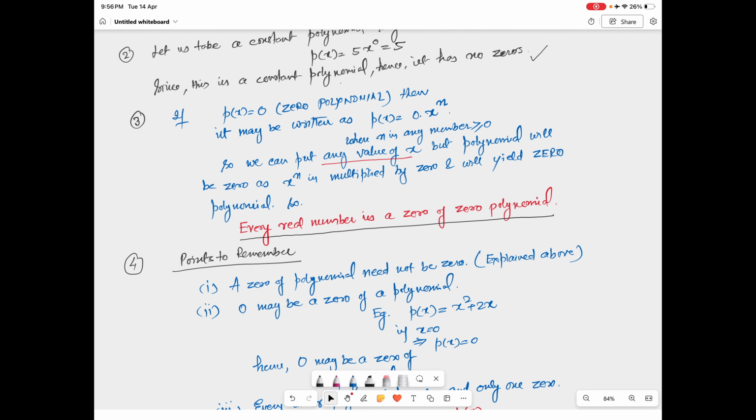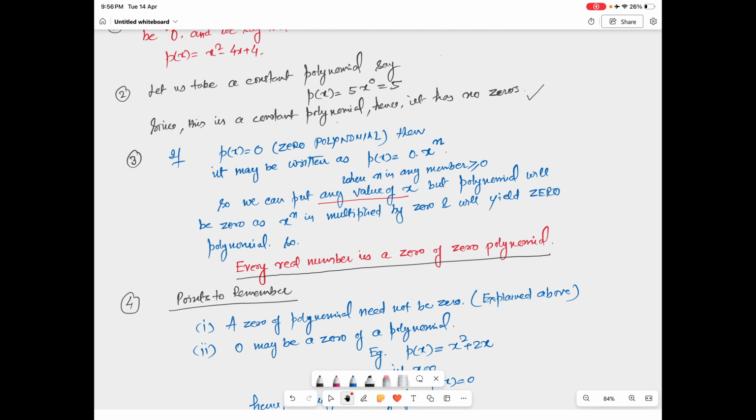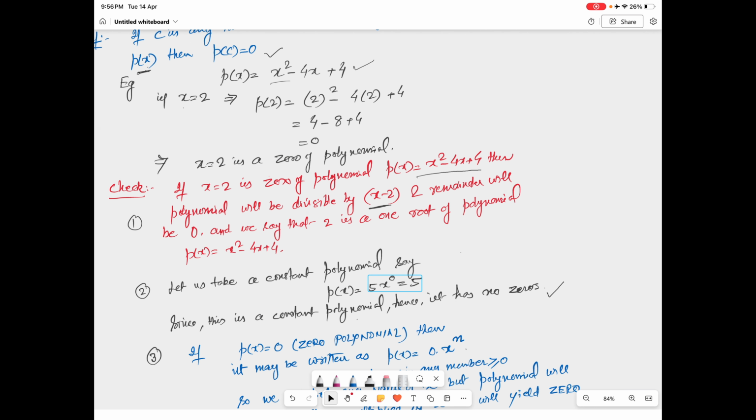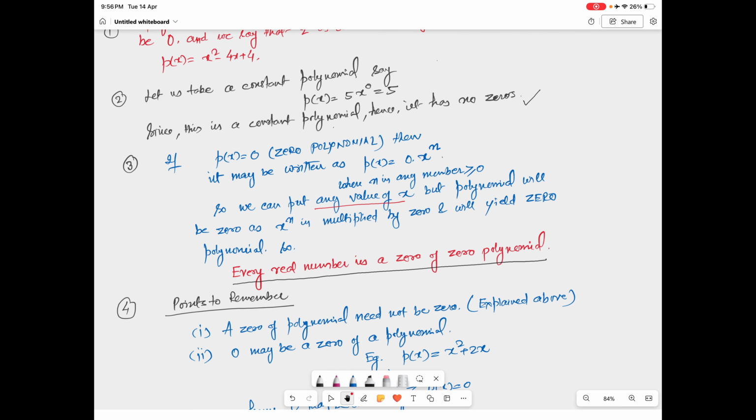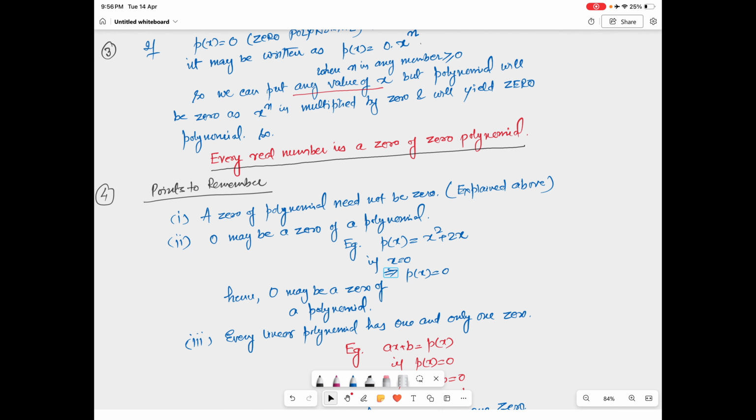So we can always say that a zero of a polynomial need not be 0. Here in this example also, 2 is the number which is yielding the 0. Therefore, any non-zero number can be a zero of a polynomial.